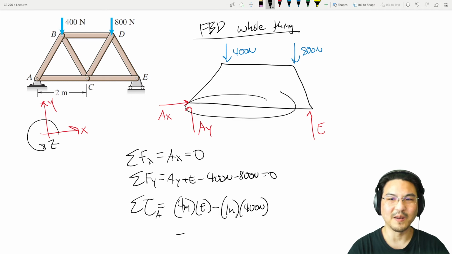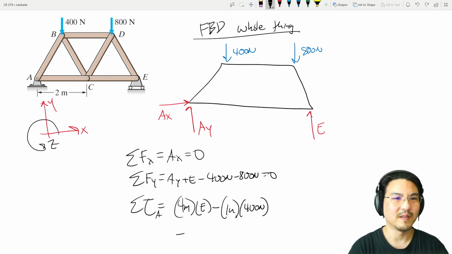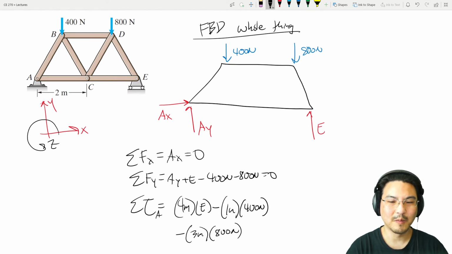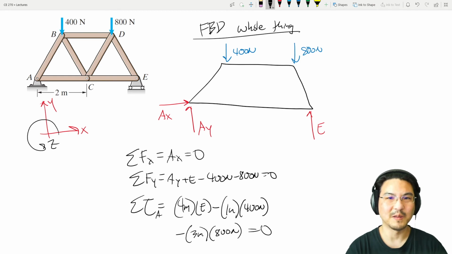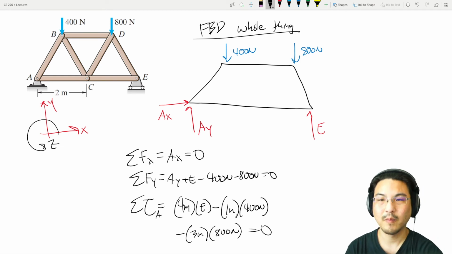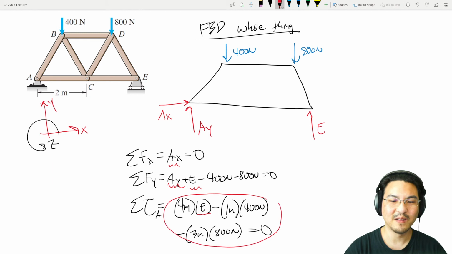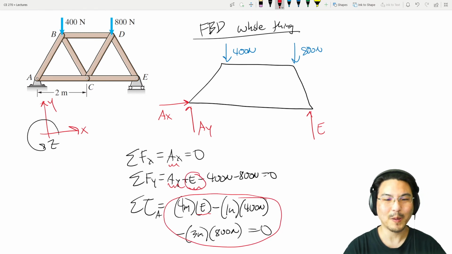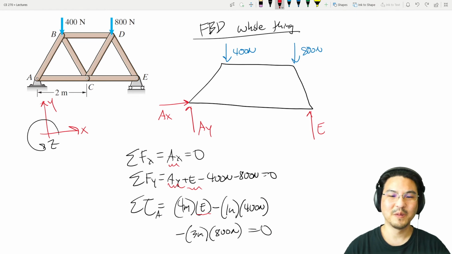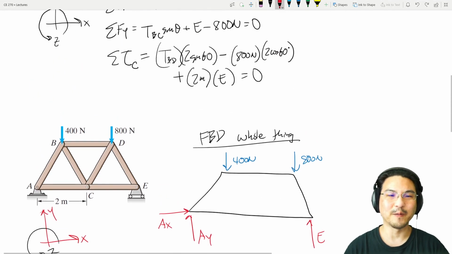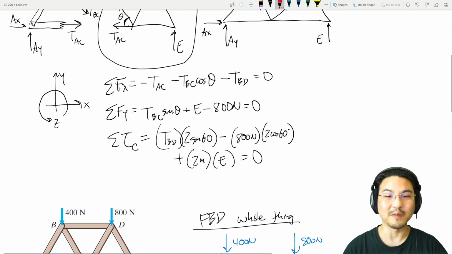And then here to here is 3 meters times 800 newtons equals 0. Okay, so if you take a look, 1, 2, 3 unknowns. Solve this for E, plug it in here, solve for AY, AX is 0. So now we have enough equations for the unknowns.